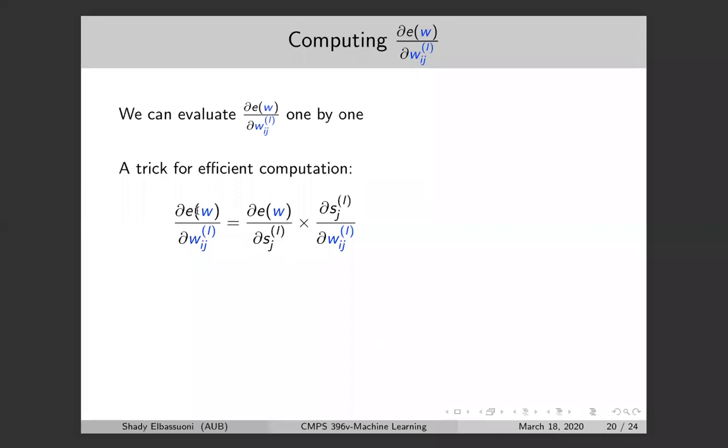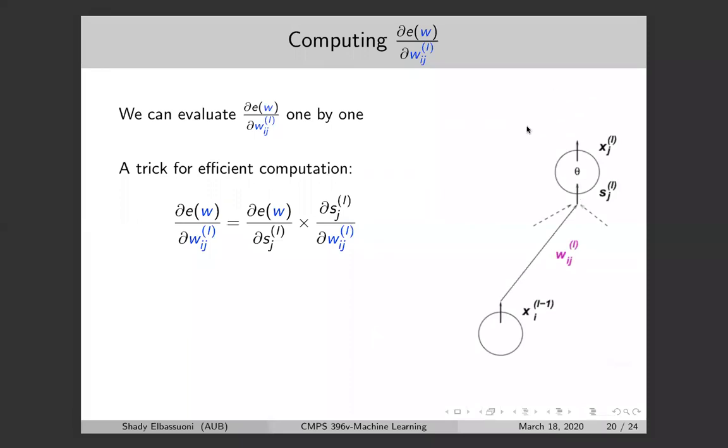So the partial derivative of the error with respect to a particular weight Wij of L is equal to the partial derivative of the error with respect to the signal that this weight feeds into, times the partial derivative of the signal with respect to the weight. So I broke the derivative of the error with respect to the weight.